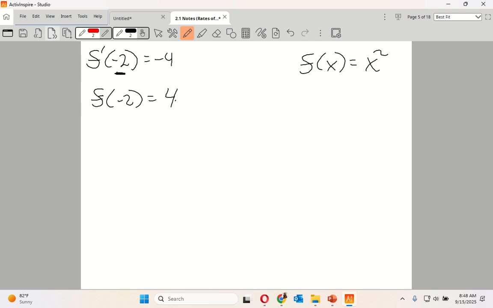So now I have an x value of -2, I have a y value of +4, and I have an m, which is -4. So what form am I going to use to find this?